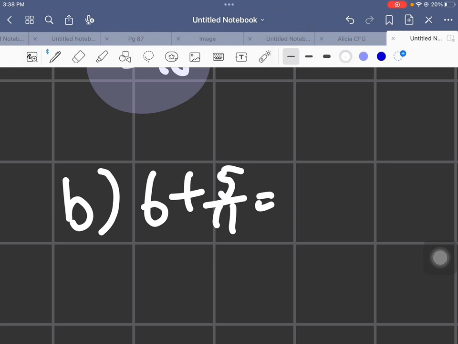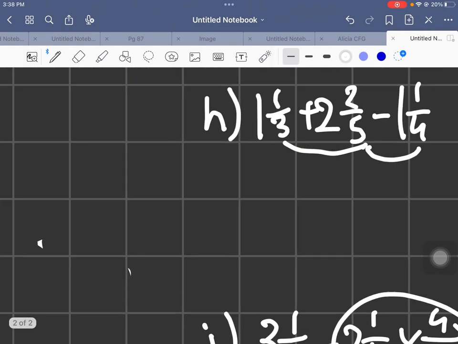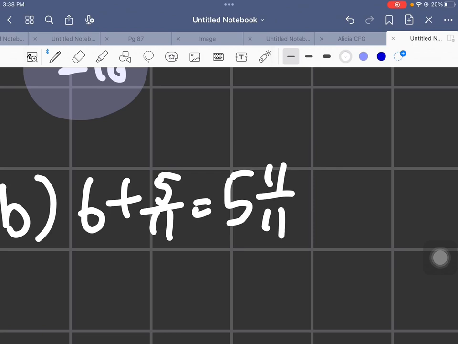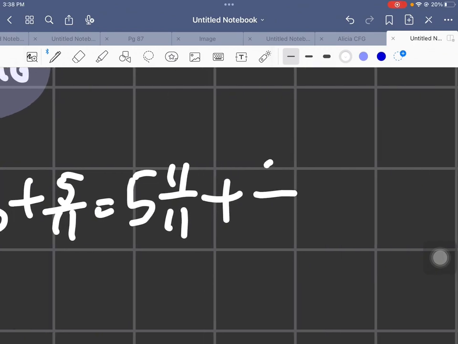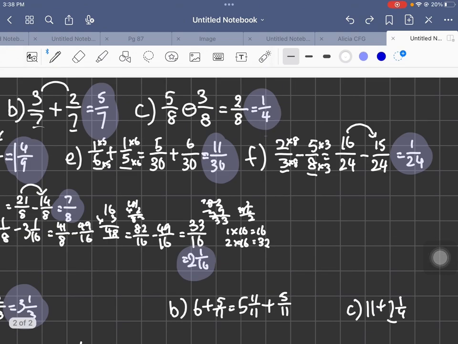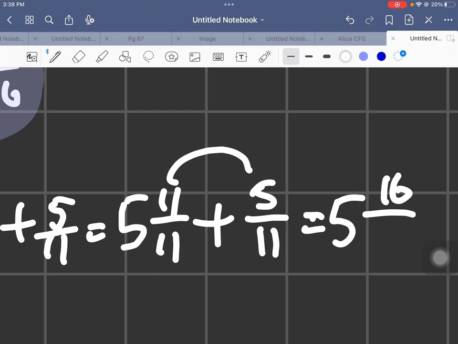So first step, we also need to convert it to a mixed number first. 5 and 11 over 11 plus 5 over 11. We get 11 plus 5, which is 16, and the denominator remains the same.